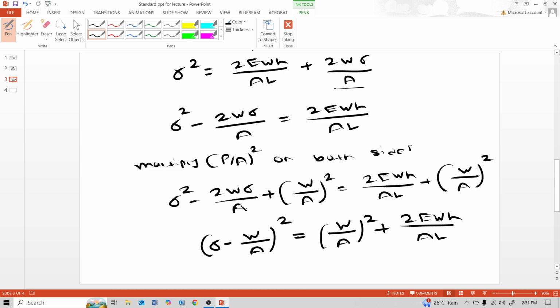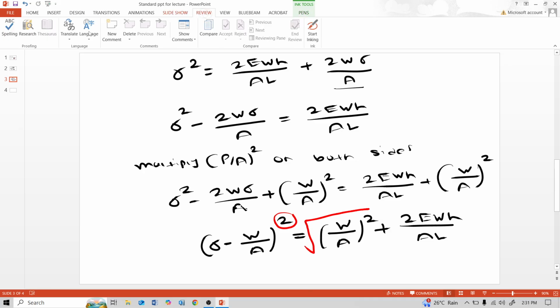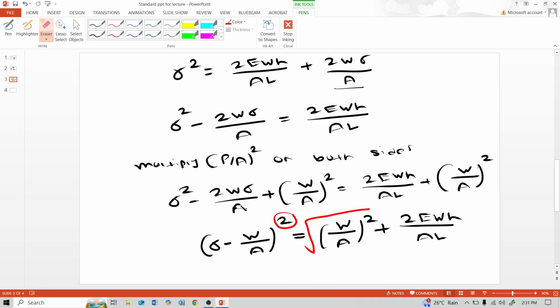And when we remove this square, what happens? It goes to the root. So remove the square.